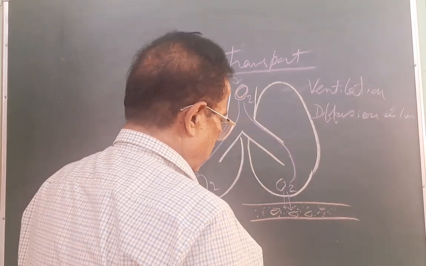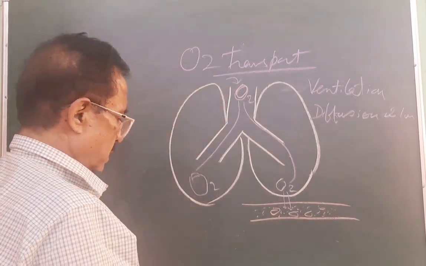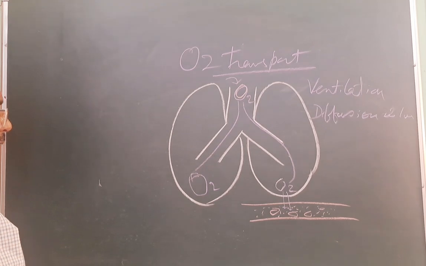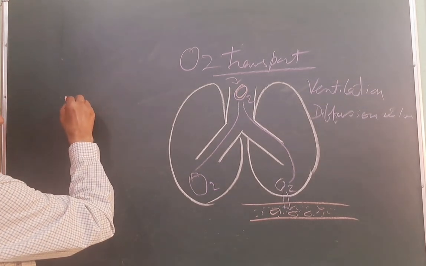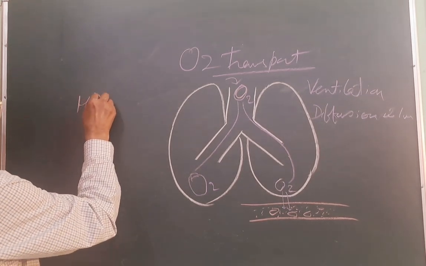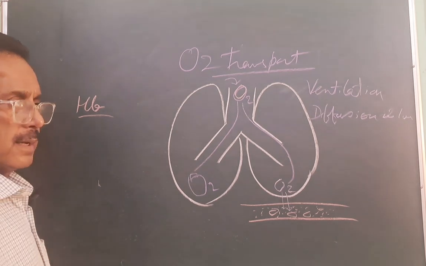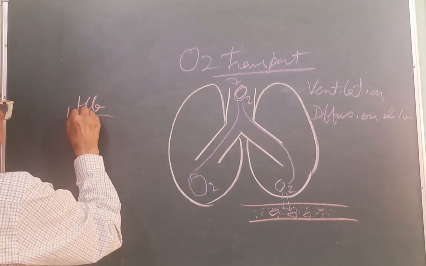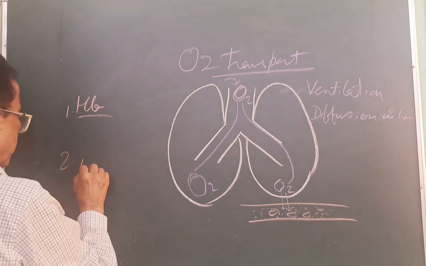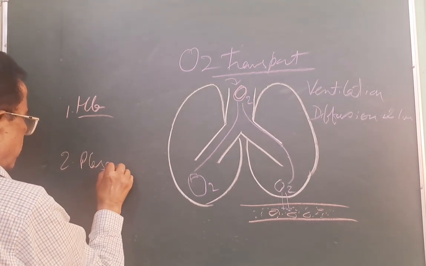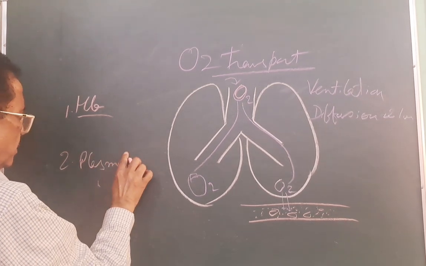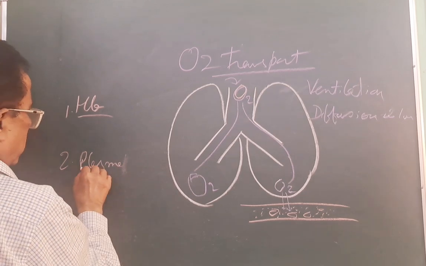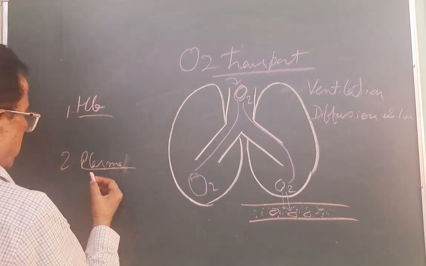Oxygen will enter into the blood, and the majority will combine with hemoglobin present in RBC. A very little amount is dissolved in the plasma.